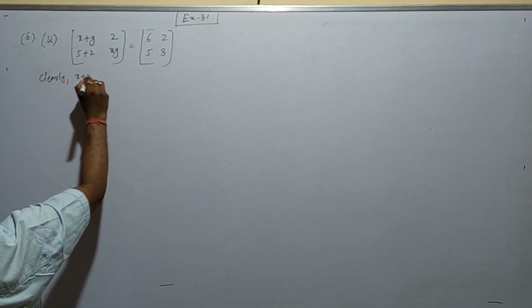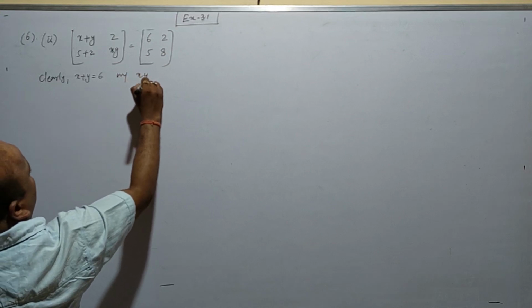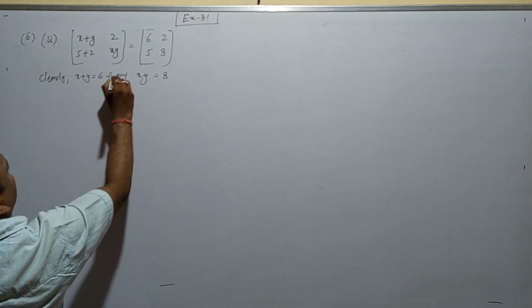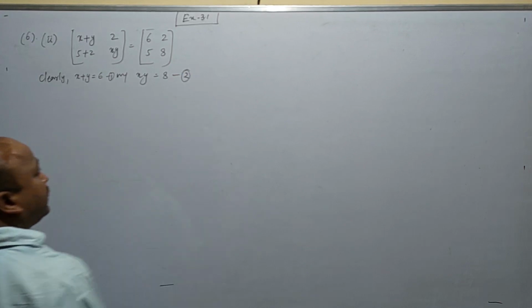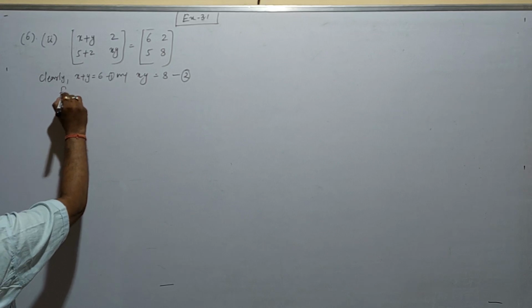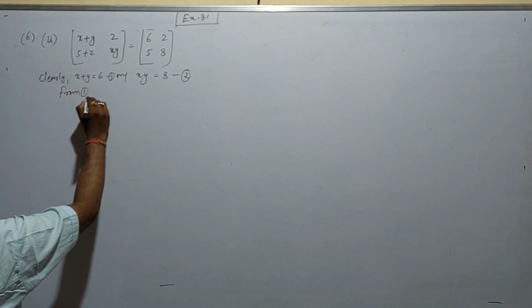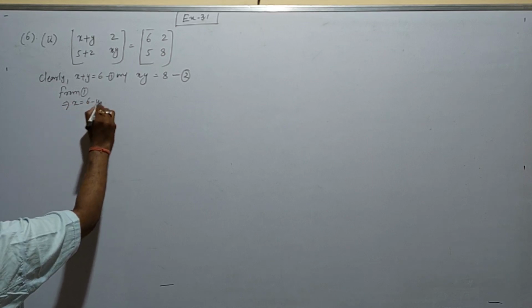So clearly x plus y is equal to 6 and xy is equal to 8. I take x plus y is equal to 6 as equation 1 and xy is equal to 8 as equation 2. From equation 1, x is equal to 6 minus y.